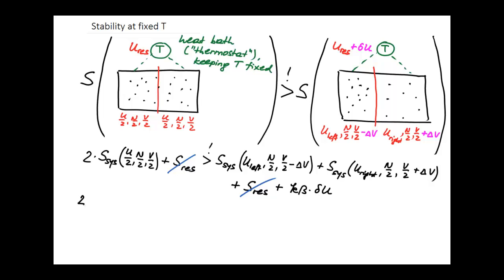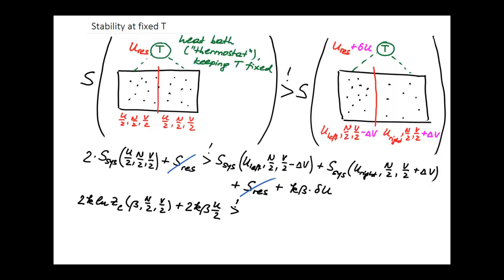The entropy of the system is k times log of the canonical partition function, which has as its natural variables the Lagrange parameter beta, the particle number, and the volume. So the entropy is this log of the canonical partition function plus beta times the energy. We still have the factor 2 in front, and we have k, beta, and the energy is U half.